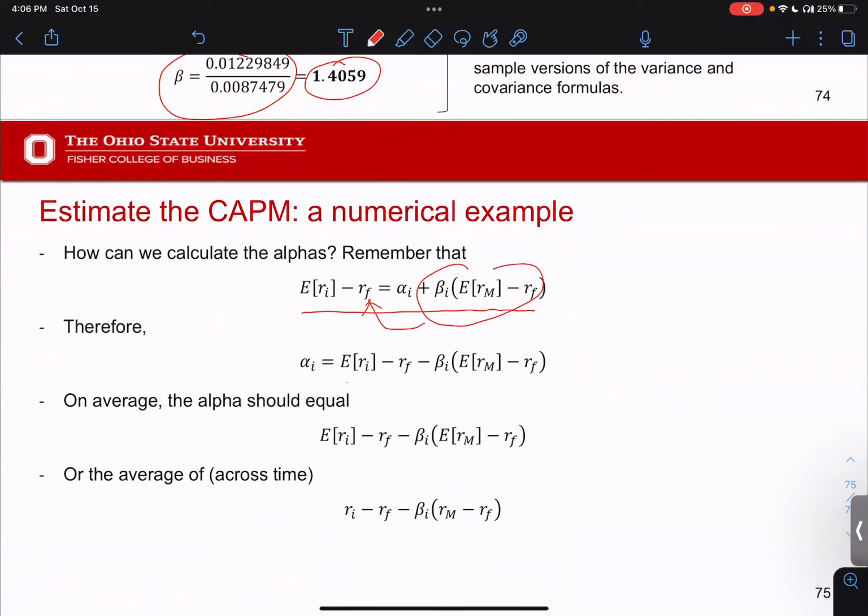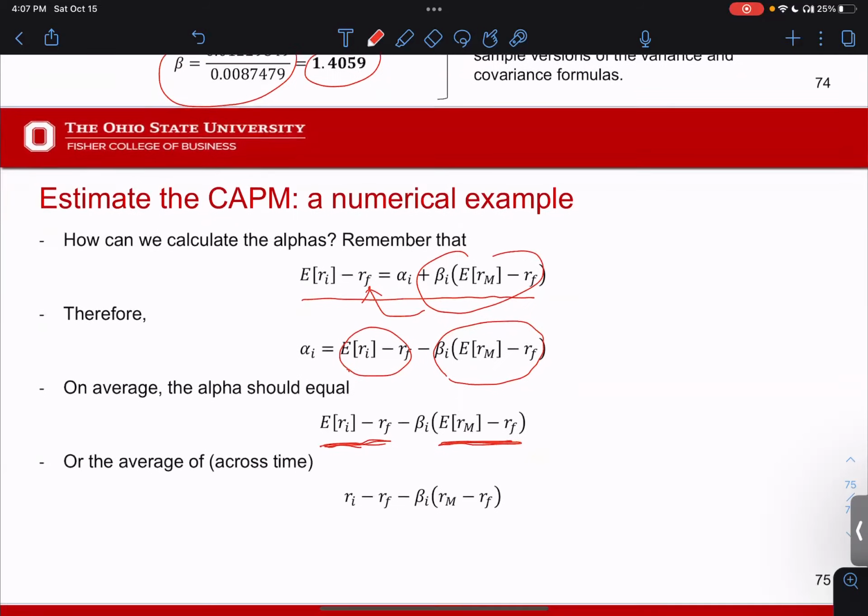You get expected excess return minus beta times expected market excess return. So alpha will be the expected excess individual stock return minus beta times expected market excess return. Then what it means is that you are just using an average across time.